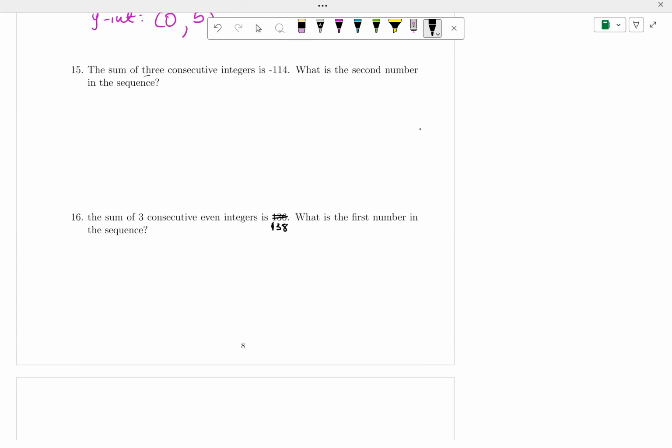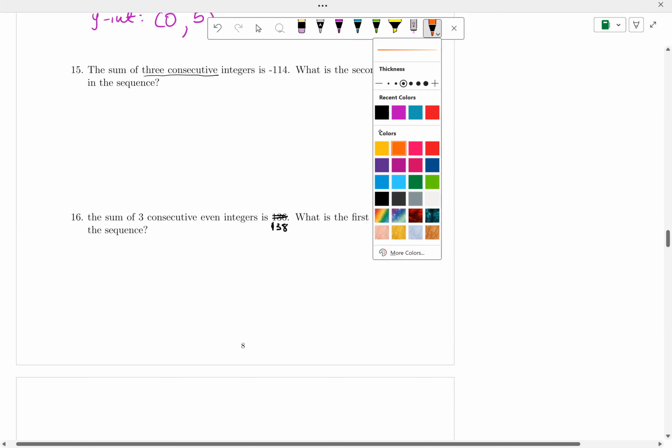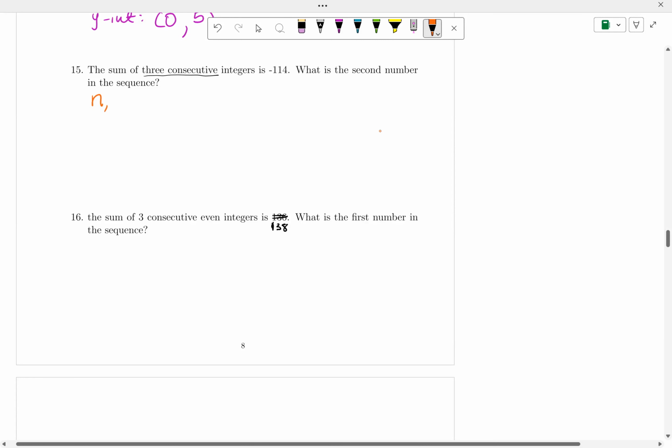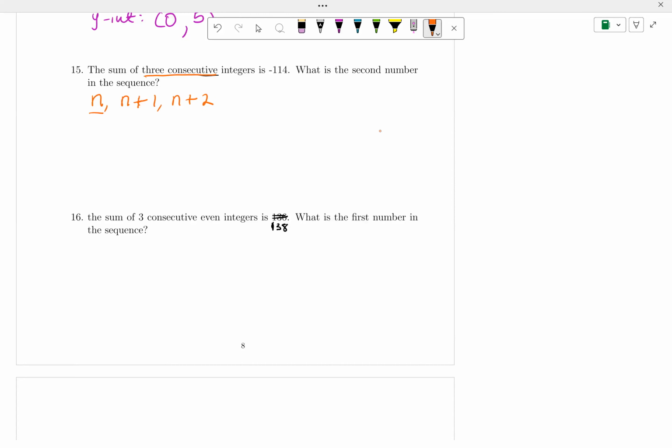We need 3 consecutive integers. Since we don't know what those integers are, always call the first integer n. If they're just consecutive, the next one has to be 1 more than the previous one, n plus 1. And the next one would be 2 more than the original, n plus 2. Those are the 3 integers: first, second, third.